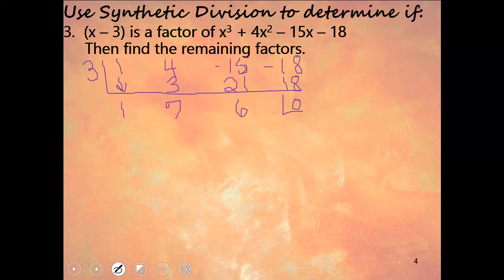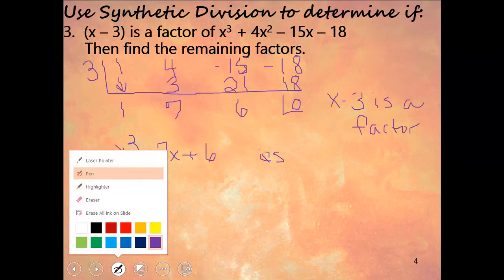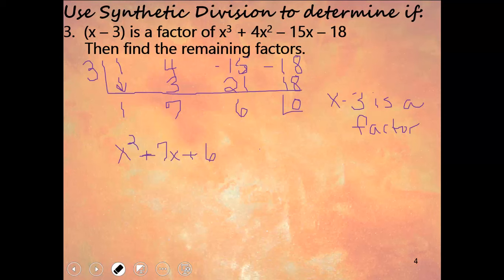All right, the factor theorem says that if the remainder is 0, then x minus 3 is a factor, which means that x squared plus 7x plus 6 is a depressed polynomial. That's our depressed poly.